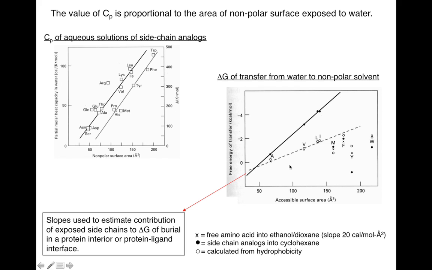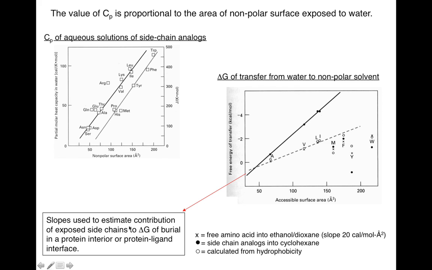Now, in fact, because we can calculate these accessible surface areas in the context of a whole protein, this relationship is actually used to estimate the free energy contribution of burying a given amino acid in the interior of a protein or in a protein ligand interface. And some of the modeling programs you may come across actually use that relationship to try to estimate delta Gs.